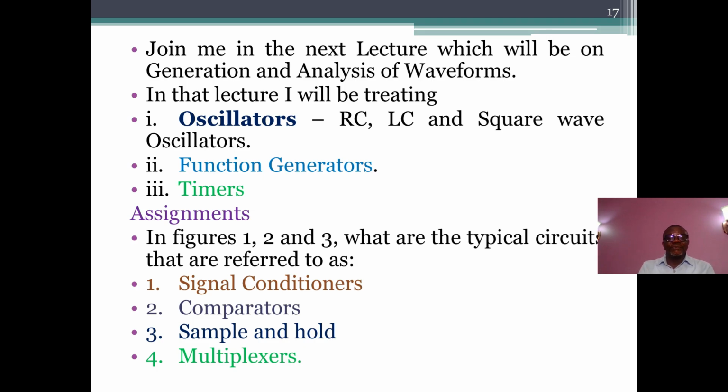If you open the sample and hold box, what are the likely circuits you are going to see? If you open the multiplexers, what are the likely circuits you are going to see? You can do yourself some good by trying to use your hand to sketch some of these circuits instead of just mentioning their names.